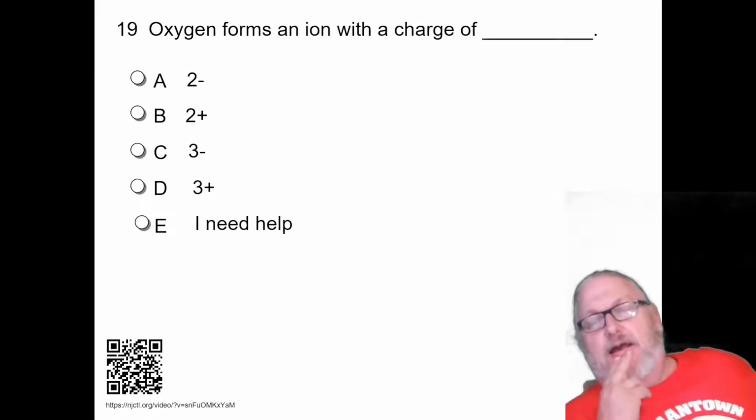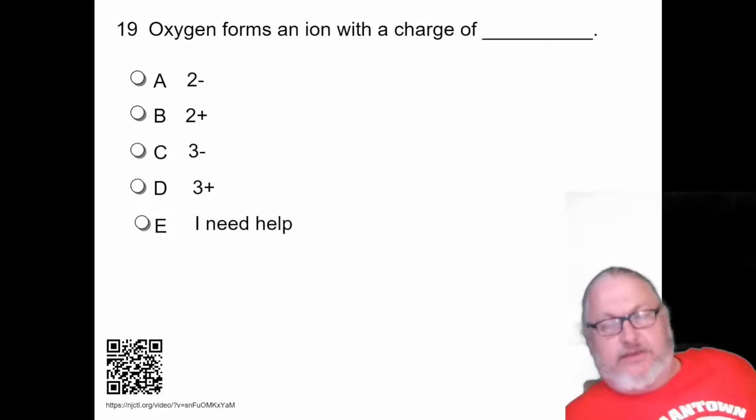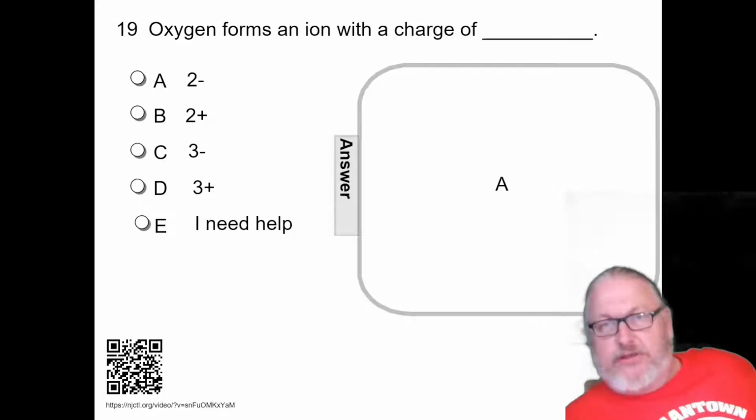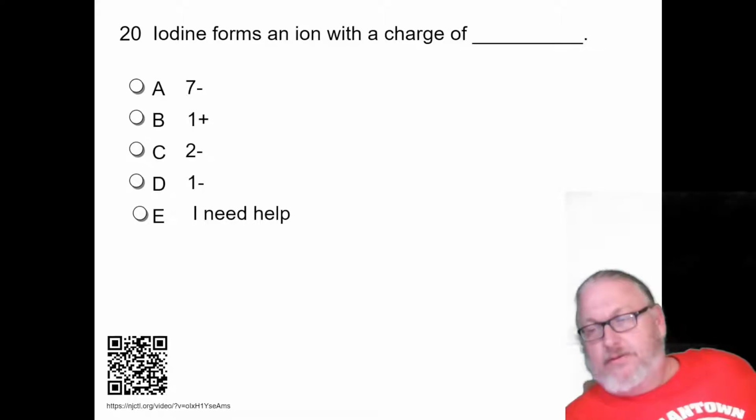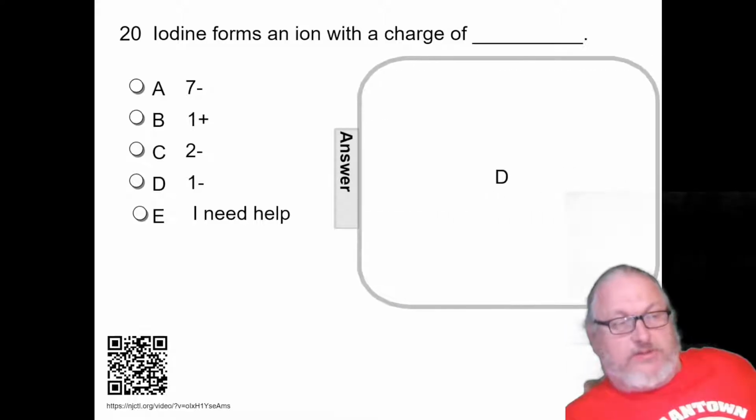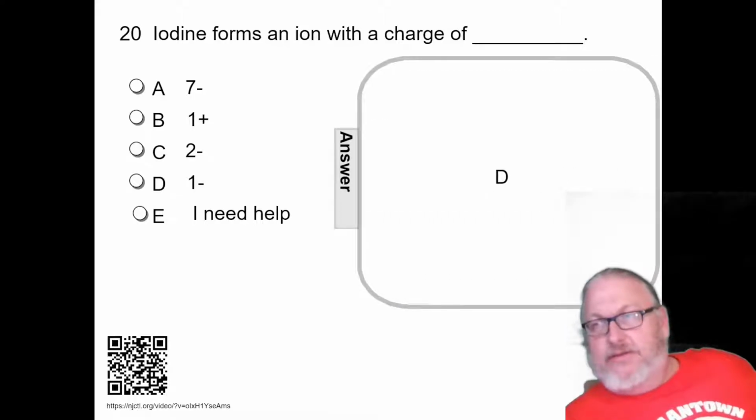Oxygen forms an ion with a charge of what? Take a moment. And of course, the answer is A, 2 minus. Iodine forms an ion with a charge of what? Take a moment. And of course, that is 1 minus, D, right? The iodide anion.